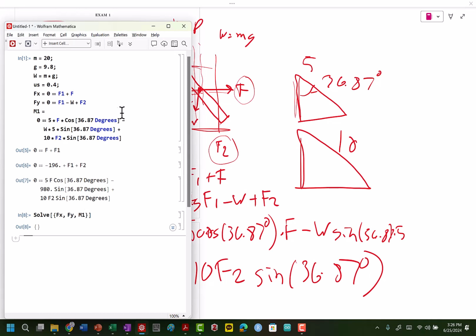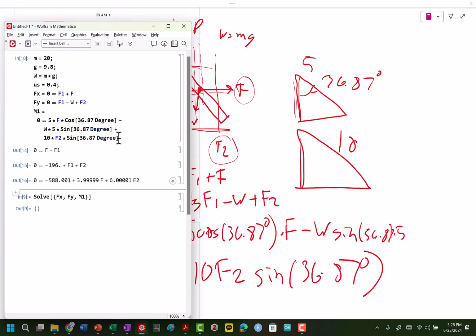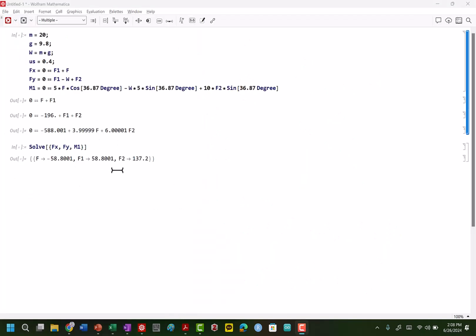When it's in blue, it's not a variable. So there, and then there. If we look at our solution, our F2 is fine, F1 is good. All we have to do is flip the sign of our force, which we had previously, and then we'll be good to go. So let's go ahead and do that, and we'll see you all in the next video.